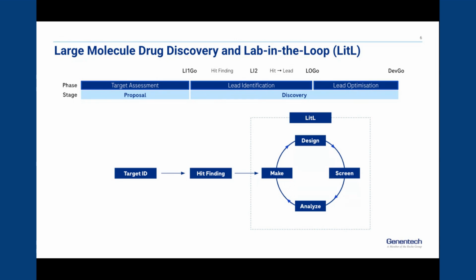After you have a specific target in mind that went through the target assessment, that is part of some pathway or implies some disease, we do some of these discovery campaigns. It could be immunization or something else, right? That gets us a hit. And then we apply lab in the loop to improve that molecule and optimize it for other properties, including affinity and other developability properties, by running this cycle of design, screen, analyze, and make.